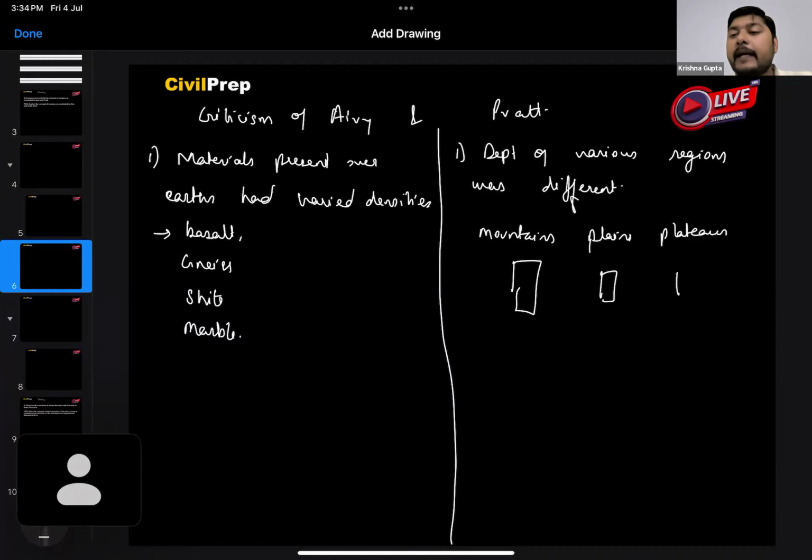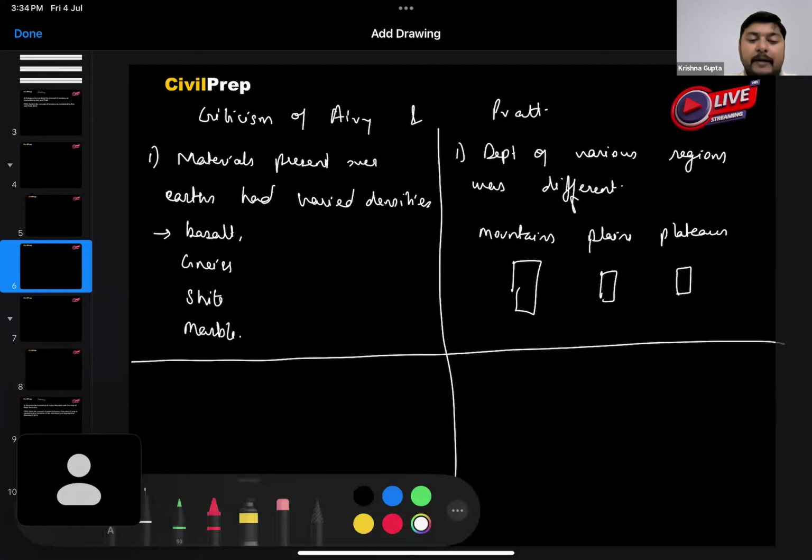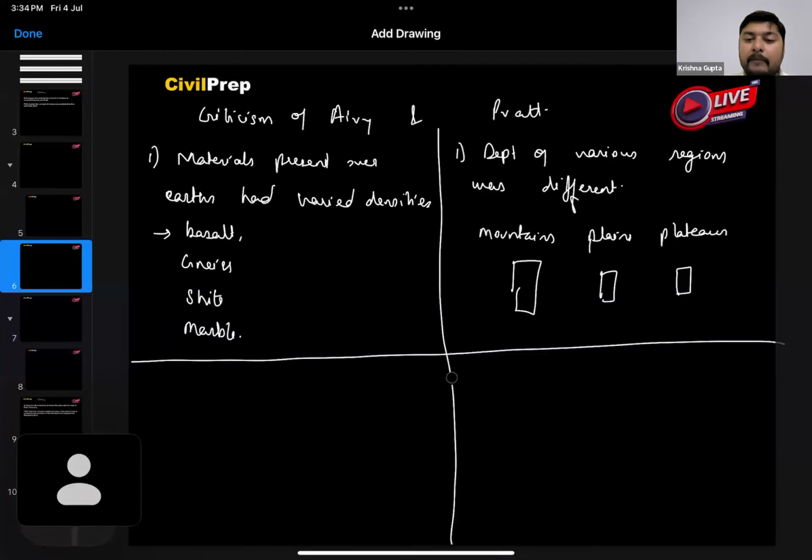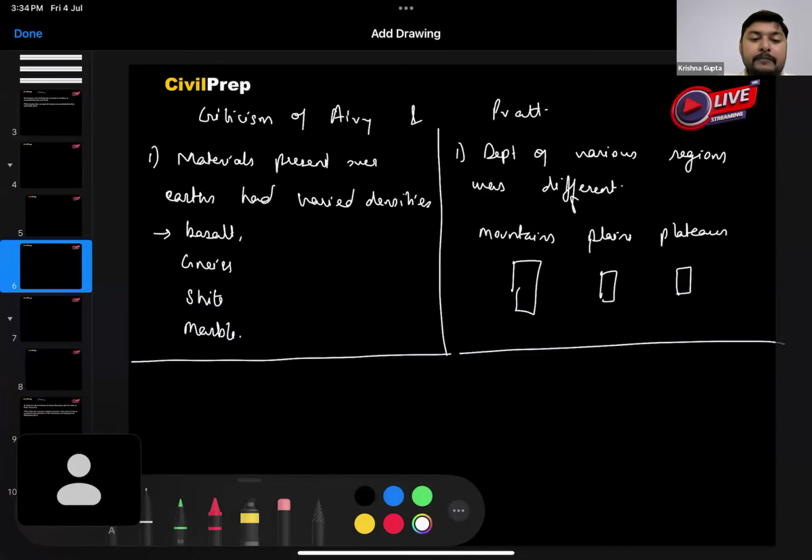So here we see that there is variation in depth also. Yes, there is variation in density, but there is variation in depth also. Not all the features are present at the same level of compensation. So from here, we are able to provide the conclusion for this question.